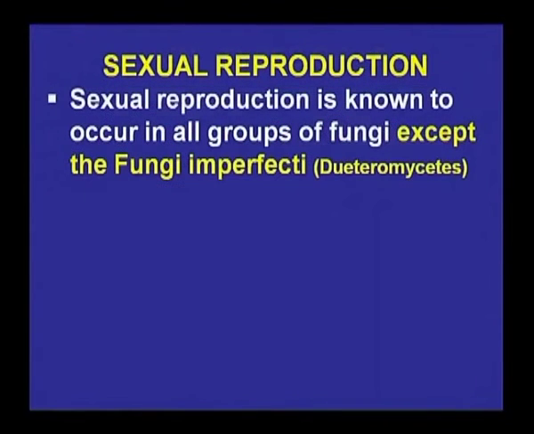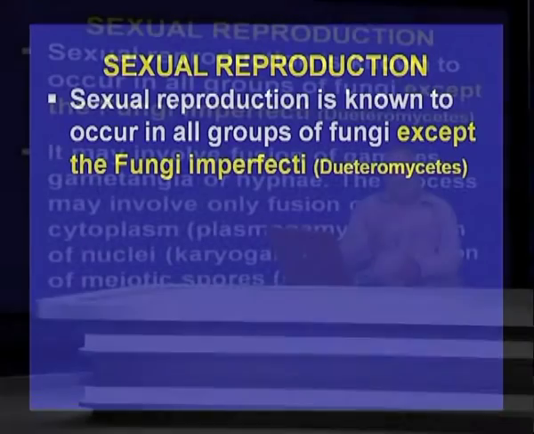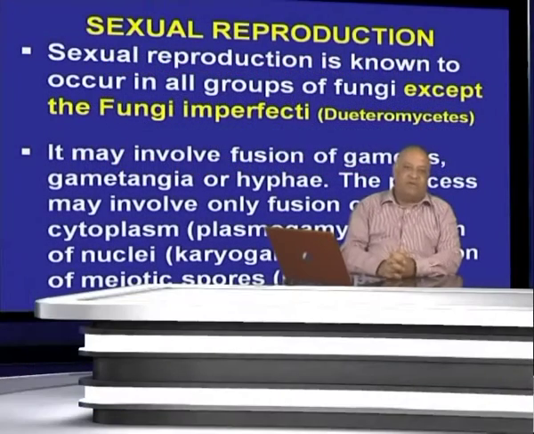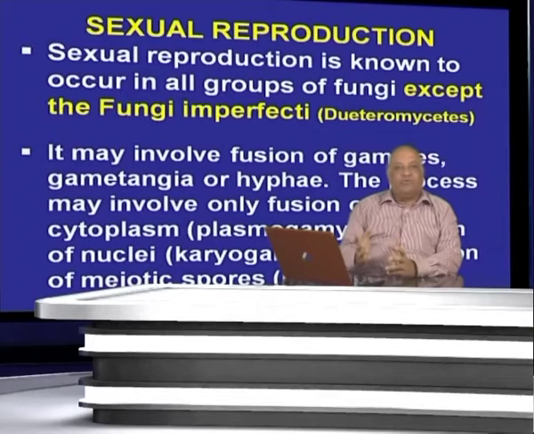Basidiomycetes. Then we come to sexual reproduction. Sexual reproduction is known to occur in all groups of fungi except in the Deuteromycotina or fungi imperfecti, because the fungi imperfecti's perfect stages are present in the families of Ascomycetes and Basidiomycetes.